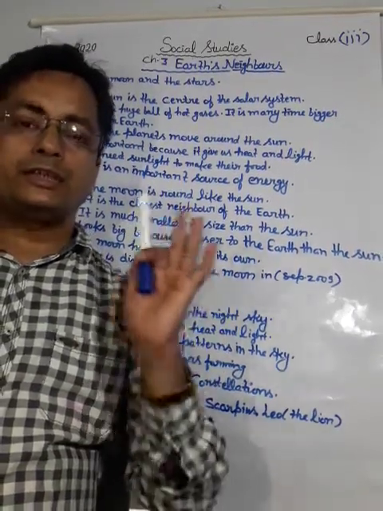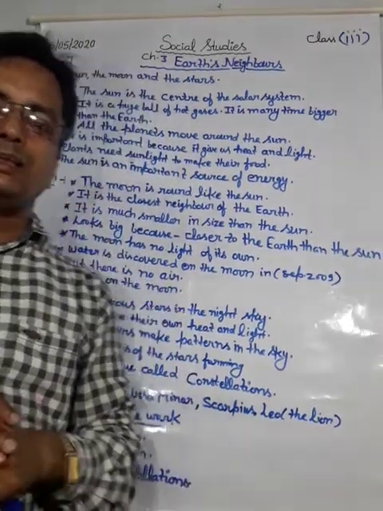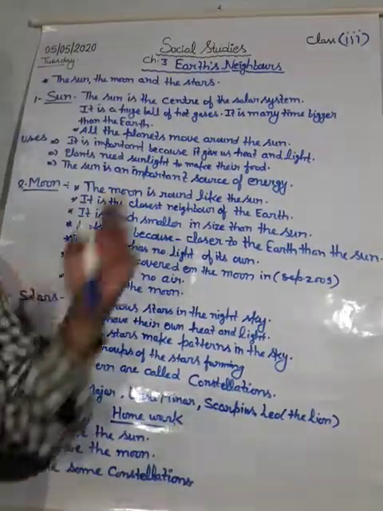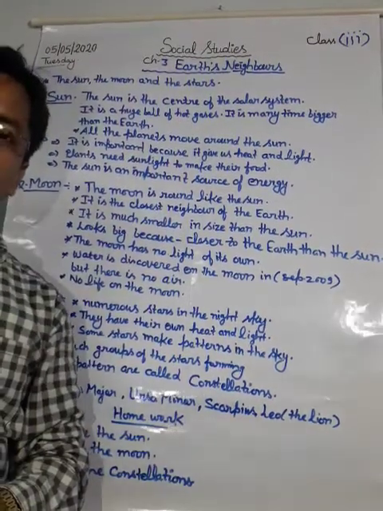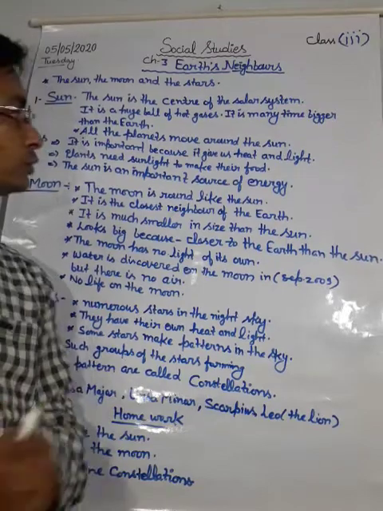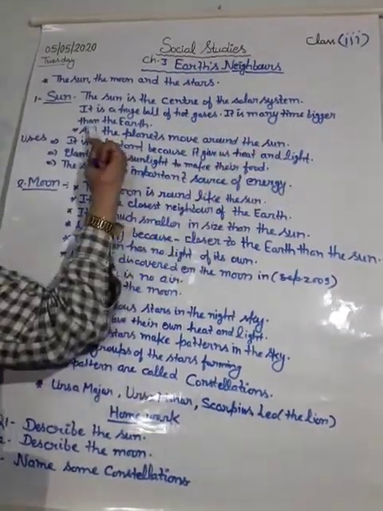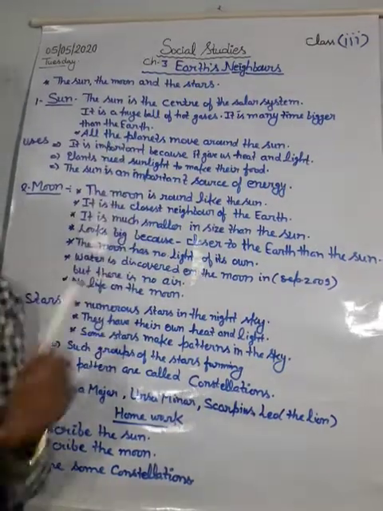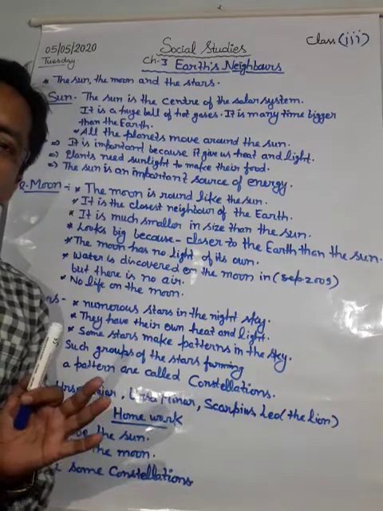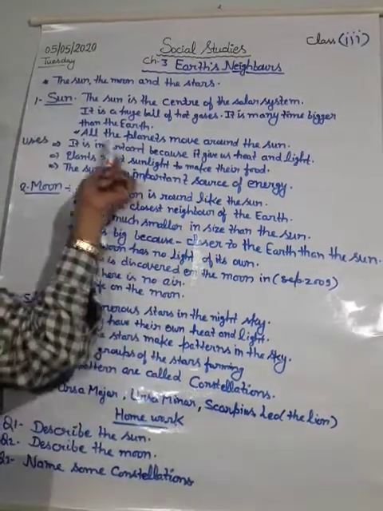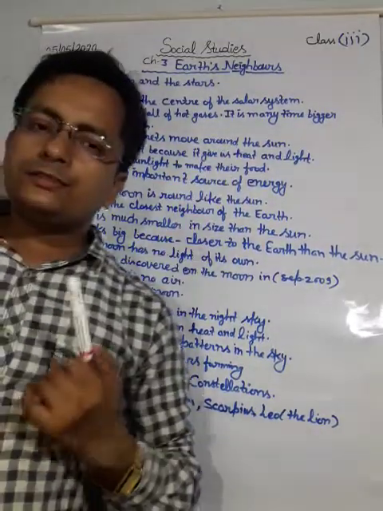We cannot look directly at the sun because the sun's light is very hot. It is many times bigger than the earth. So all the planets move around the sun.